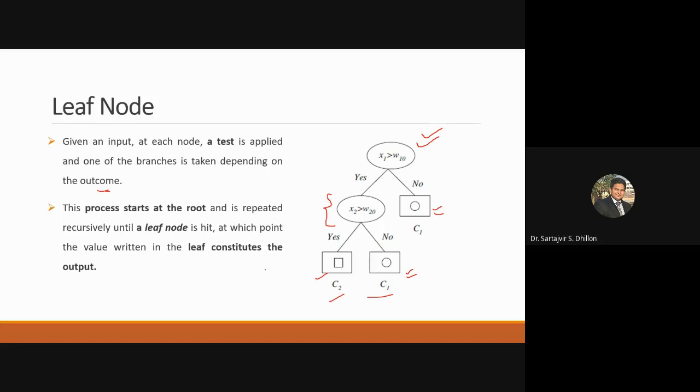There is a value written in a leaf box, and this rectangular box has a square in it, and this one is an output, and here the circle is there. This is just a brief discussion about the leaf node.